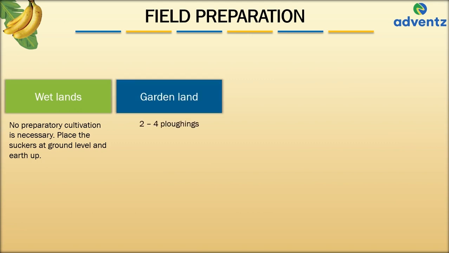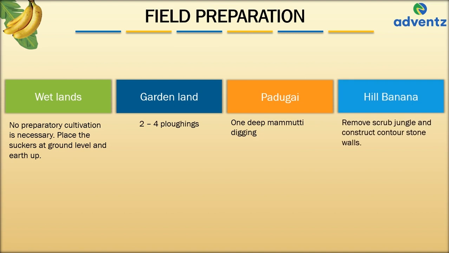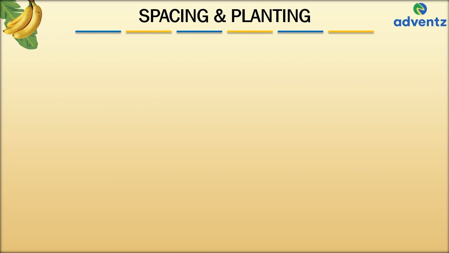For garden land, 2 to 4 ploughings are needed to prepare the right type of soil for growing banana. For Padugai, 1 deep mamutti digging is required, and for hill banana, remove scrub jungle and construct contour stone walls to enable banana cultivation.